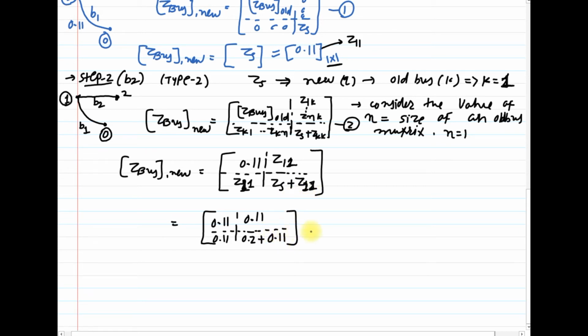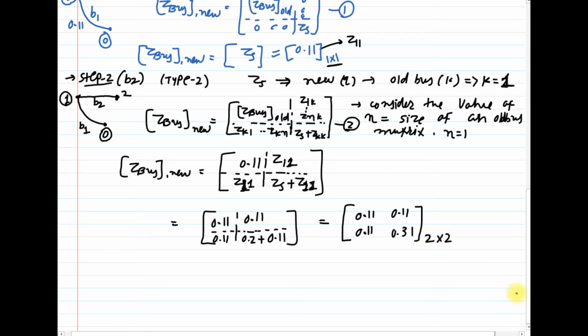So the final matrix after the second modification, or after addition of the tree branch B2 into the network, we will get 0.11, 0.11 and 0.31. Clear? And again the size will be updated by 1 if the tree branch is added into the system, that means 2 cross 2.